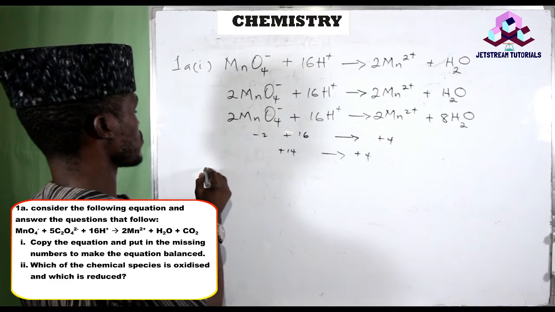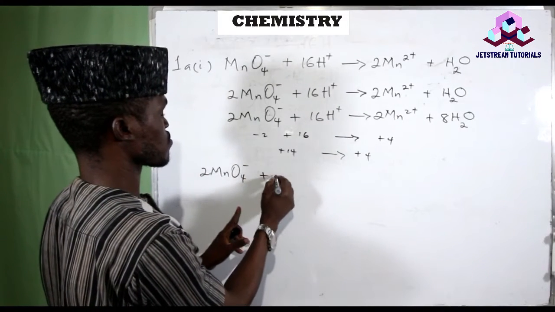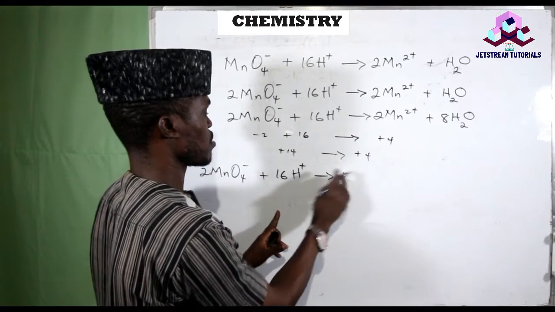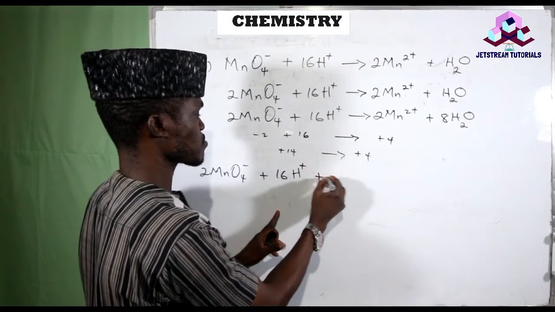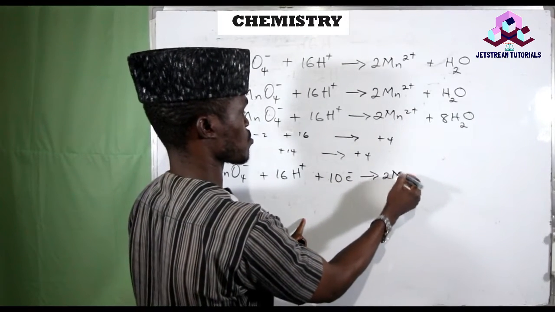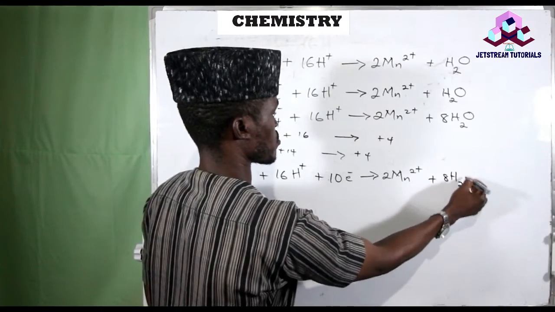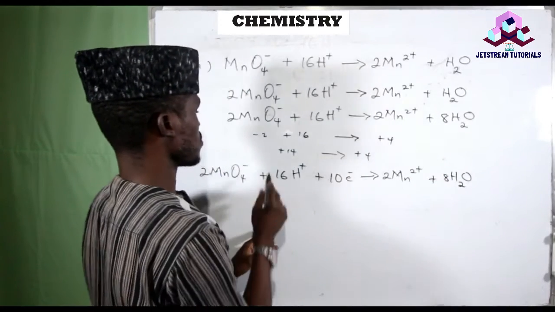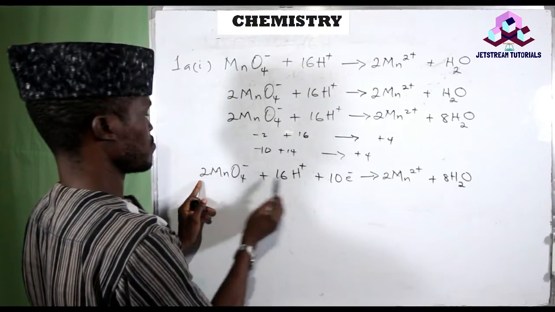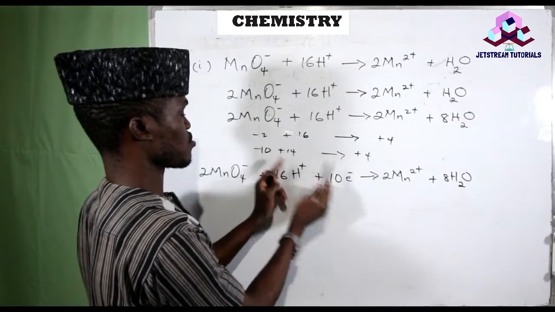So we are going to have 2 MnO4 minus plus 16 hydrogen proton, plus 10 moles of electrons, which gives us 2 moles of manganese 2 ion plus 8 moles of water here.